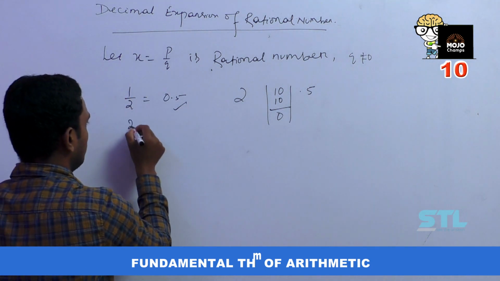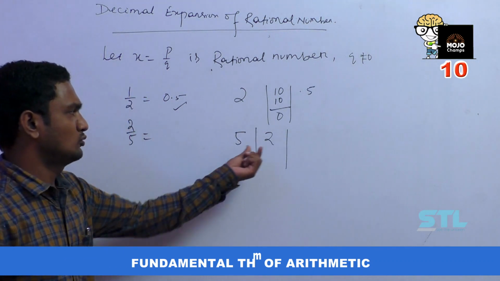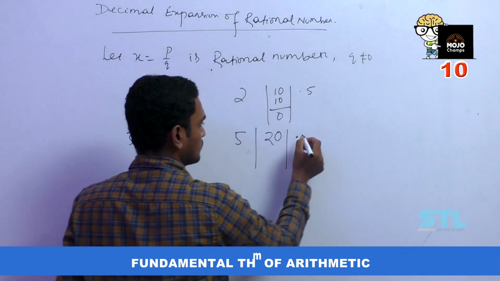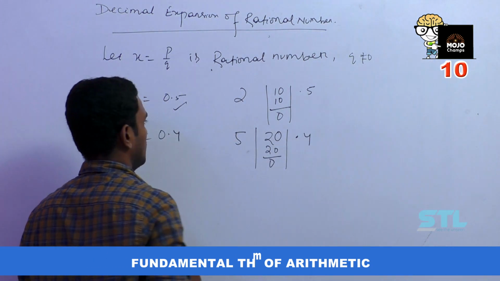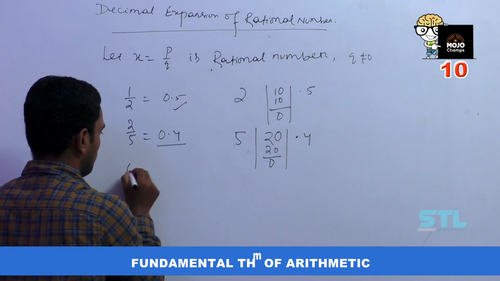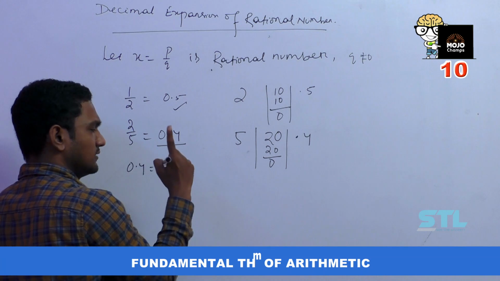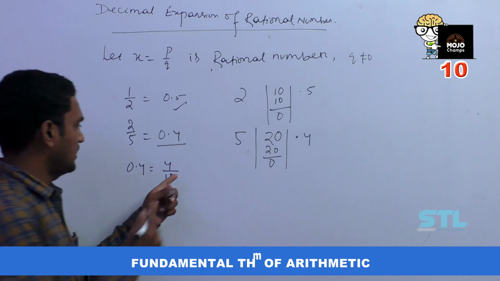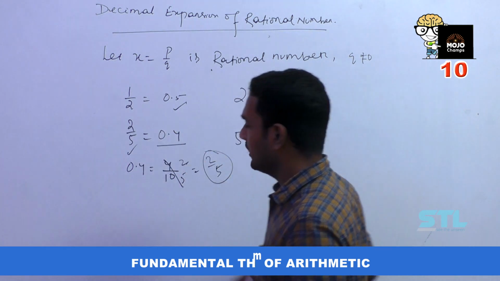Now 2 by 5: 2 is not divisible by 5, so I put a point here, now it is 20, 5 fours are 20, so my answer is 0.4. Understood. 0.4 means 4 by 10, because after the decimal point there is 1 digit, so on the right side there will be 1 zero. When we cancel out, 2 twos are 2 and 2 fives are 10, that will be 2 by 5. The same number I got here.